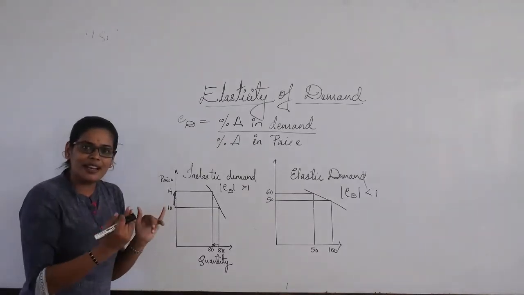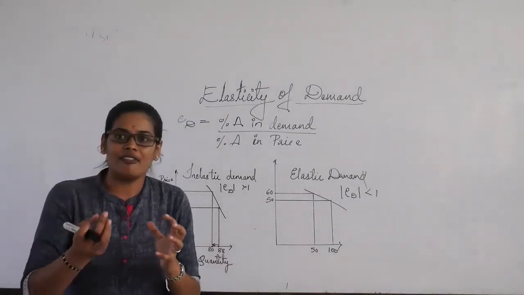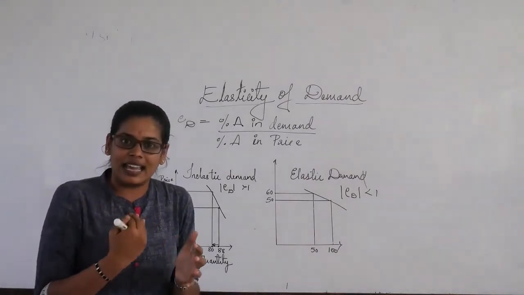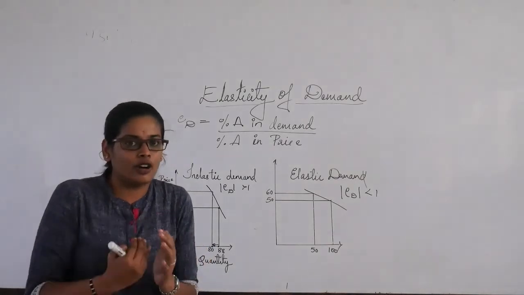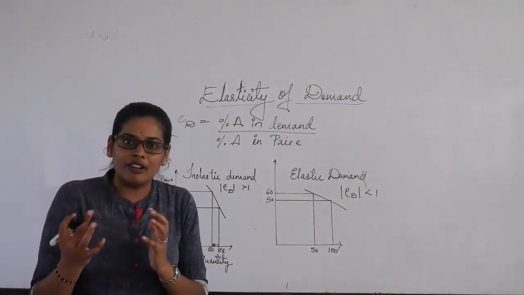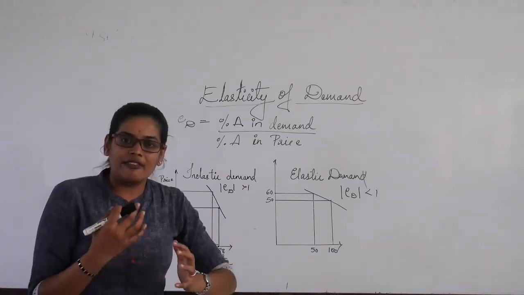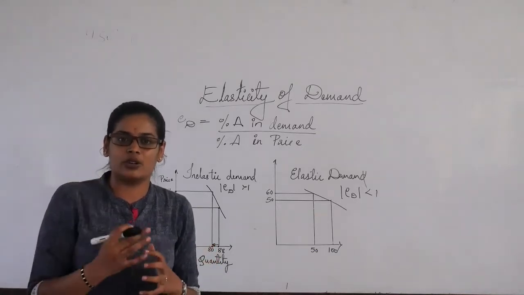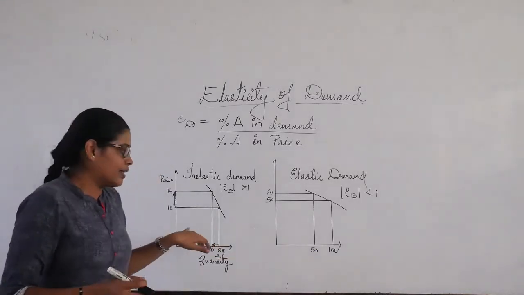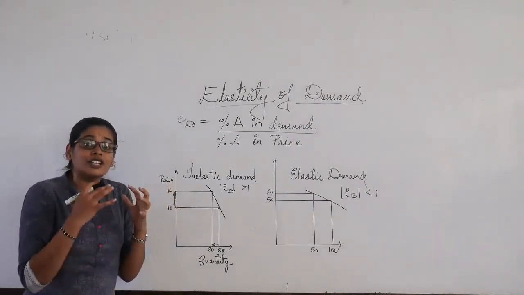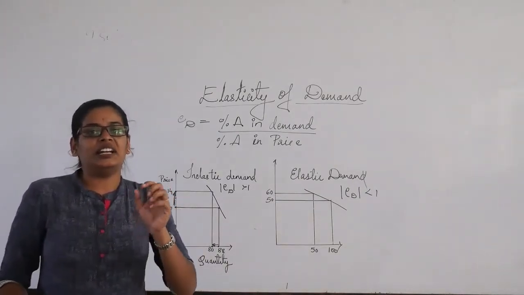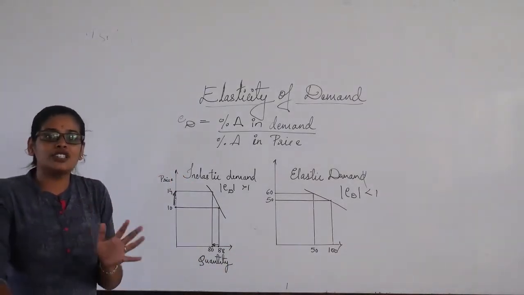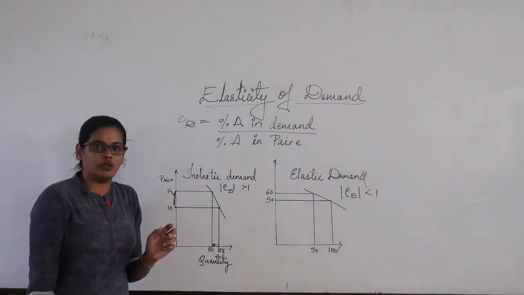If the price has increased, do we reduce the consumption of petrol? No, it's our daily life. We travel from our home to college. Can we say that we cannot come to college because the price of petrol has increased? No. So when the price of such goods increases, the quantity demanded will be reduced to a certain extent, but it will not be affected much for those kinds of products.